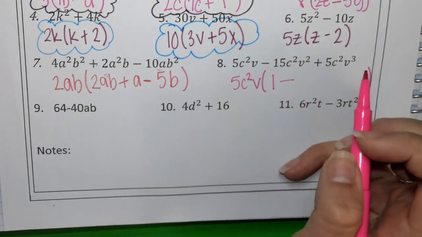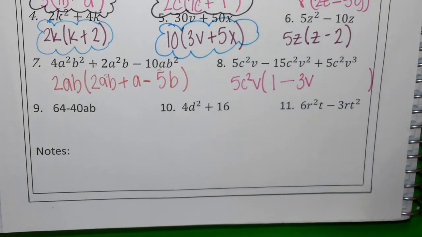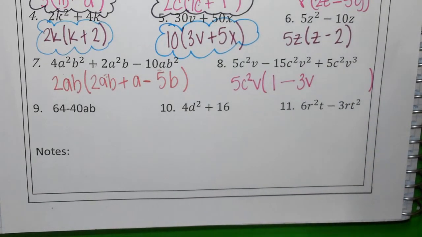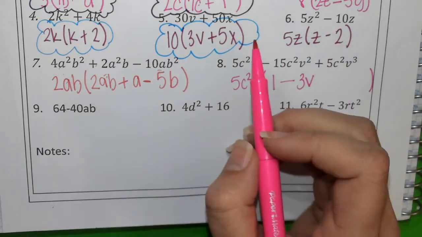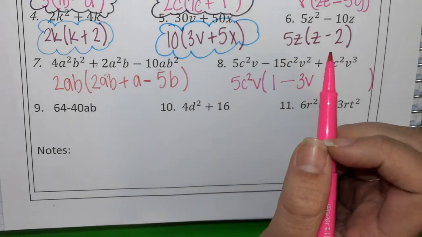Alright, what about for the second term? 3V. Why is it not CV? Because it's C squared minus C squared, and that's nothing. If you have 2 C's and you take out 2, you have none left. That's what he was trying to say.